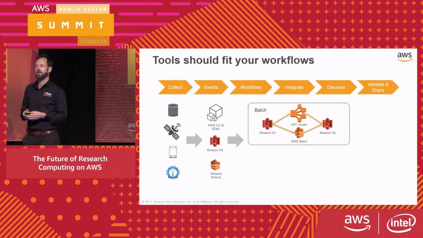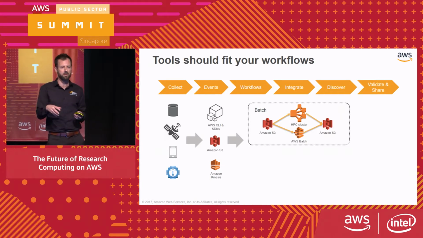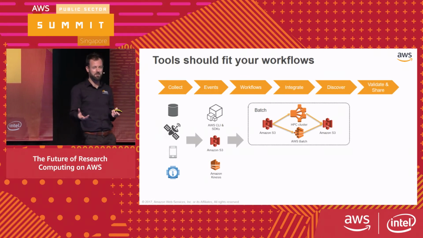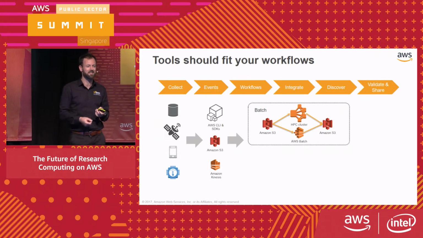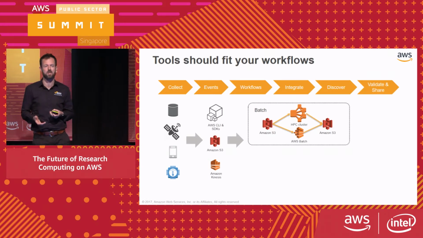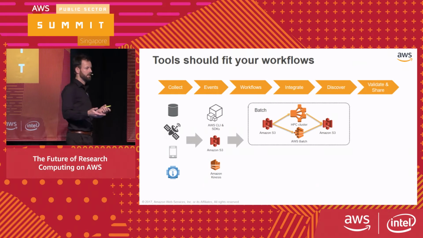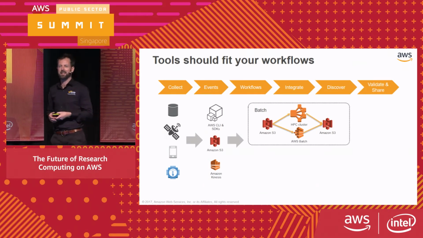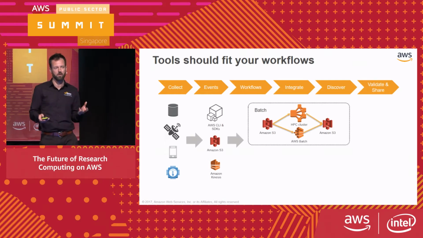So the point is that what they typically do is land data into S3 as a storage service. They then spin up tools like HPC clusters, like Hadoop clusters, using AWS Batch potentially, to do some kind of analysis that is time-consuming, that is batch-driven, and then they write the results back out to S3. So that's one model that we see.